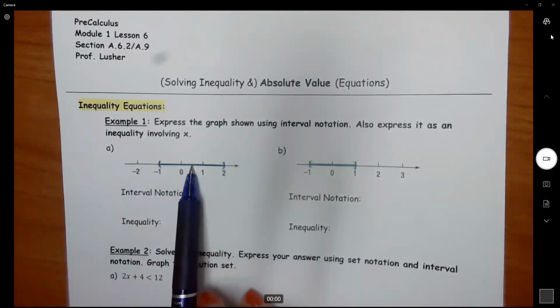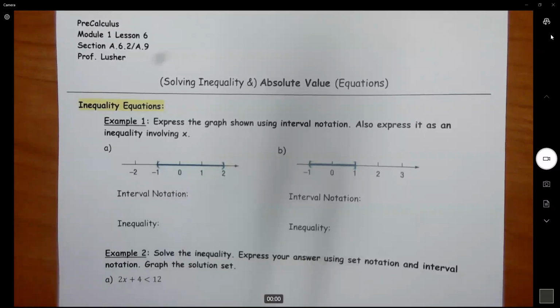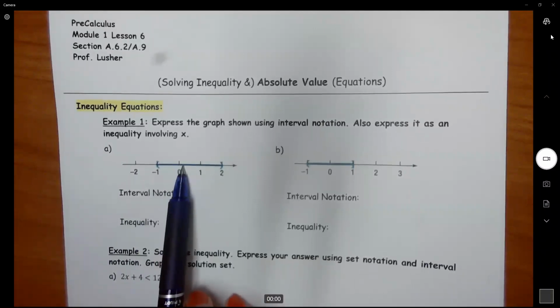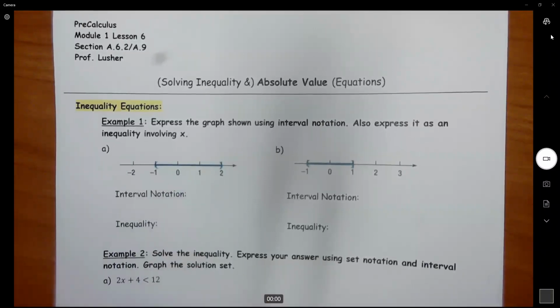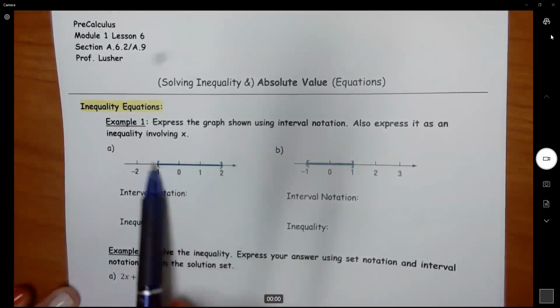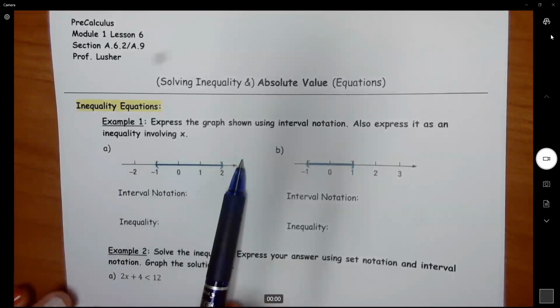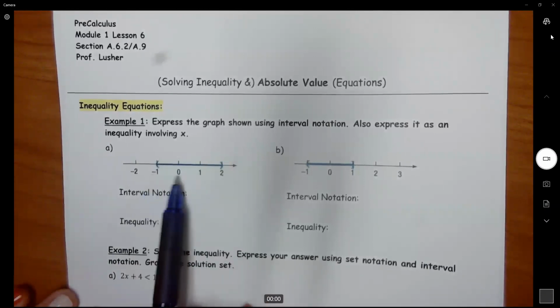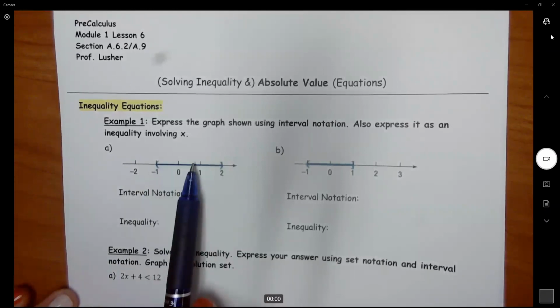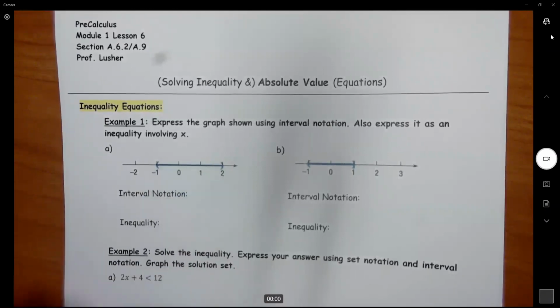So it's not just 0.5, it's also 0.6 and 0.7 and 0.8 and 0.88 and 0.889 and 0.88889 and so on. It's every infinite number in between these. So I cannot just list that this solution here is only -1, 0, 1, and 2, because then you're skipping every possible infinite number in between.